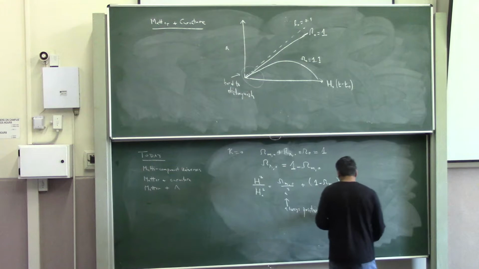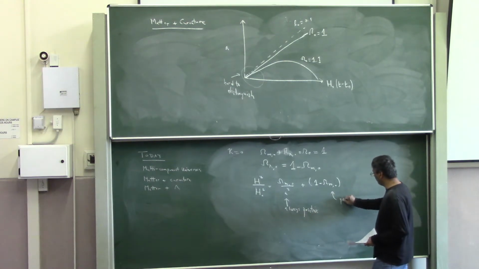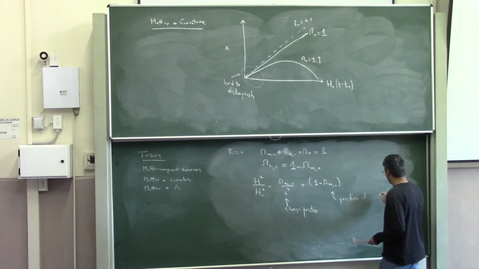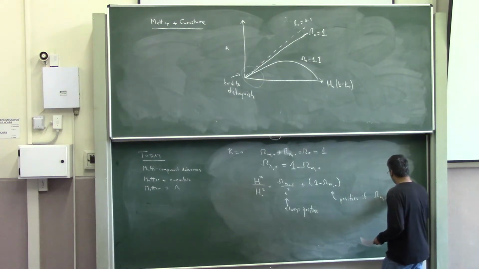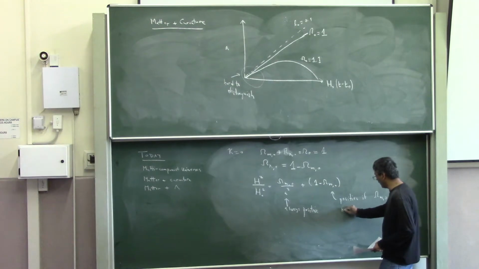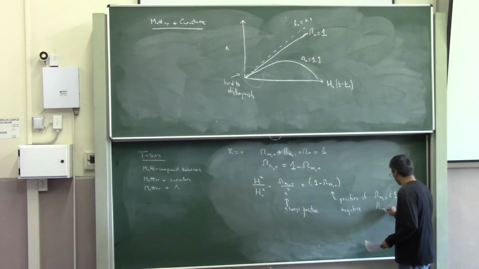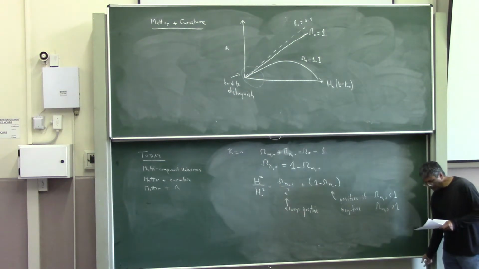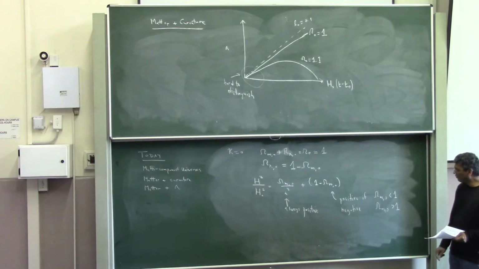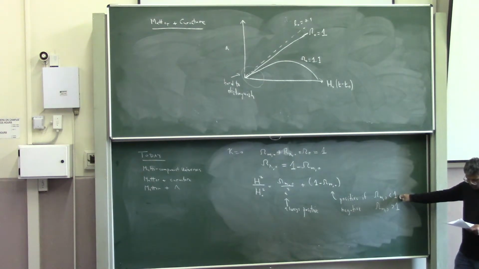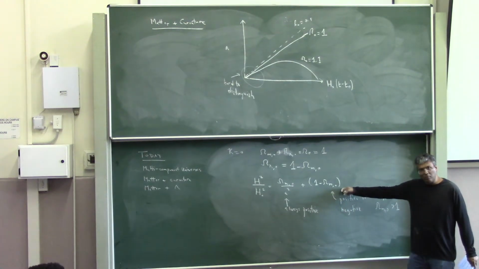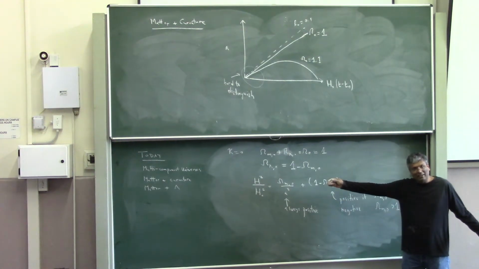And this term is positive if omega m0 is less than 1 and negative otherwise. So a flat universe with omega m0 less than 1 means this term is positive and the second term is positive. That universe keeps expanding.